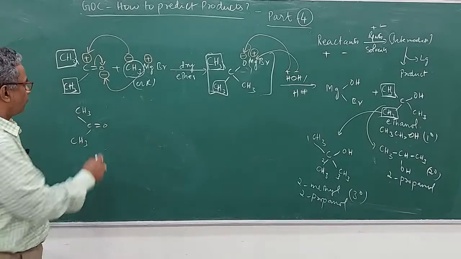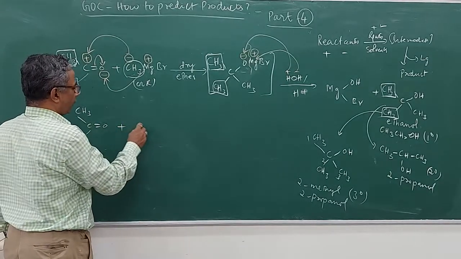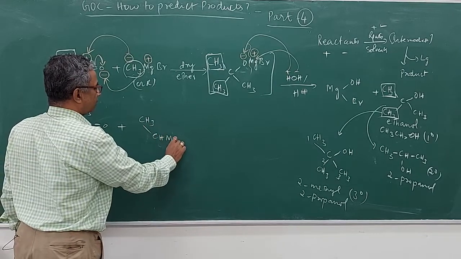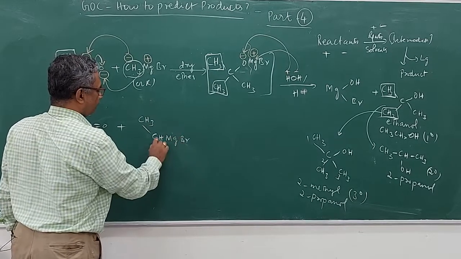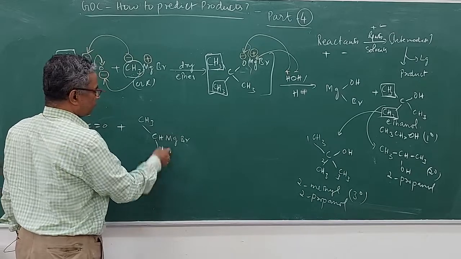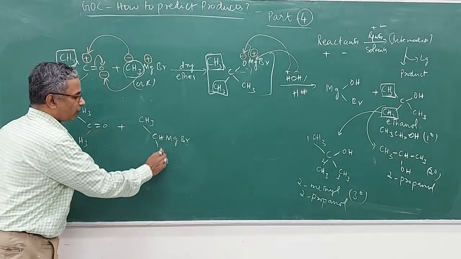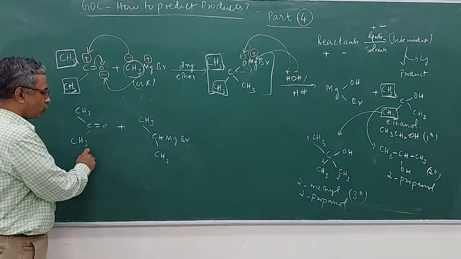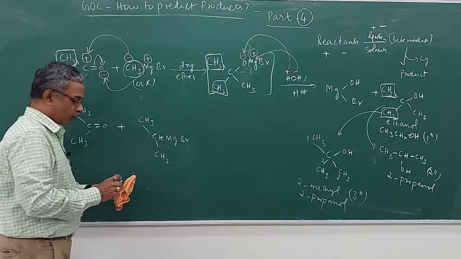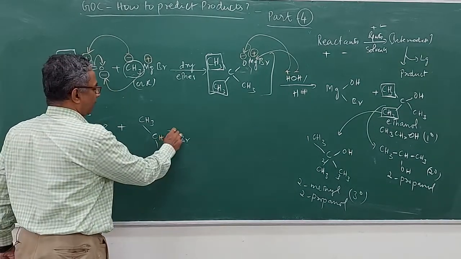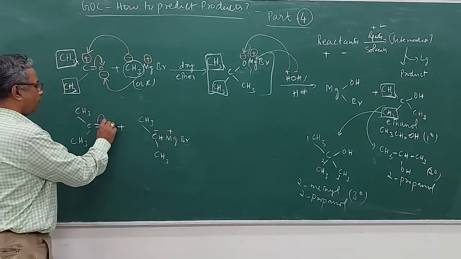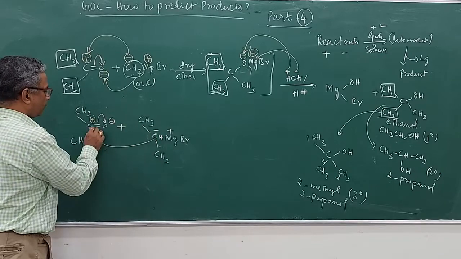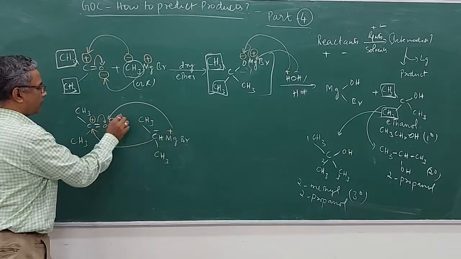Suppose you take 2-propanone and treat this with CH3, CHMgBr, and then CH3. You can take any. So this will be isopropyl magnesium bromide, and this will be 2-propanone. Again, if you do the plus minus, you will have minus, you will have plus. So this minus will come and attack this carbon, this plus will come and attack this carbon.